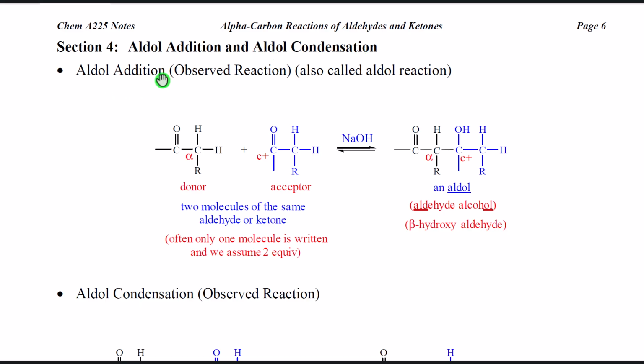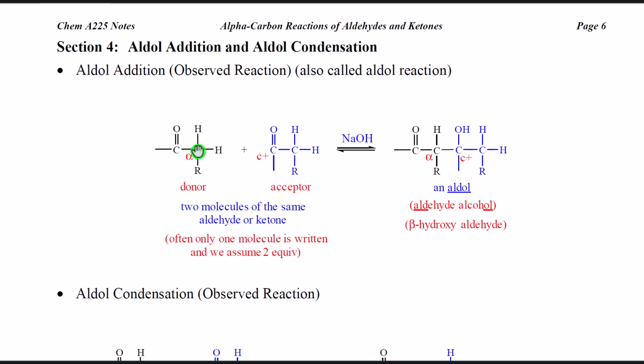The aldol addition, sometimes called the aldol reaction, looks like this. In the aldol addition, we actually have two molecules of the same aldehyde or ketone. One of the molecules is going to act like a donor, and one of them is going to act like an acceptor.